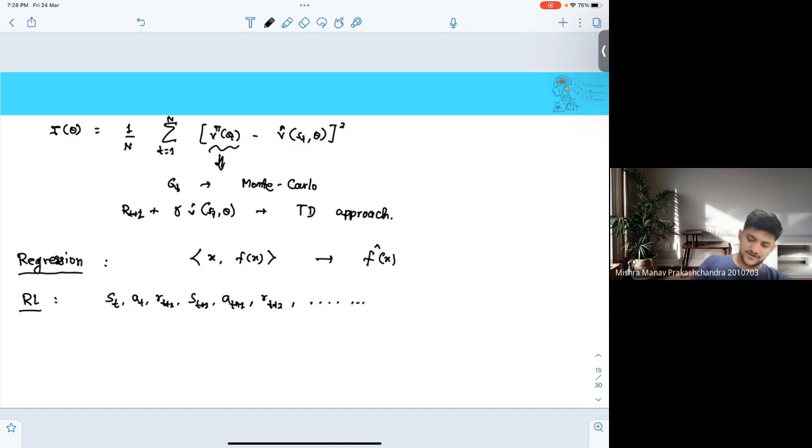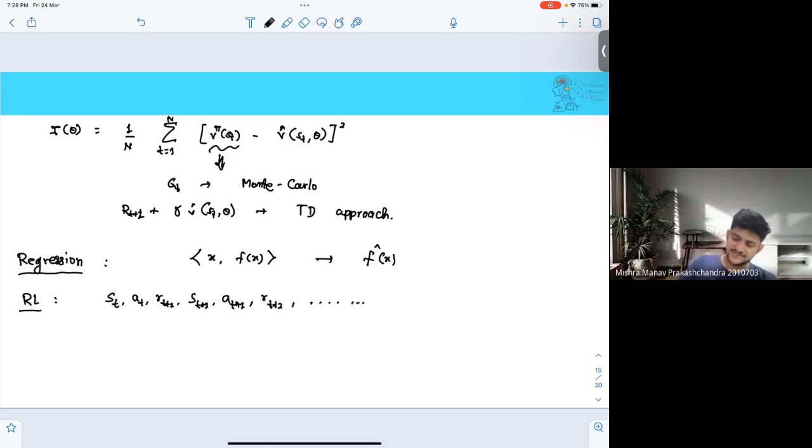Use the return, which is R_{t+1} + gamma R_{t+2} + dot. Similarly, I have S_{t+1}, wherein I use R_{t+2} + gamma R_{t+3} + dot, and so on, right? This is one way to represent the states. Another way is you have state S_t, and then comma you have R_{t+1} + gamma V hat of S_t, theta, okay?